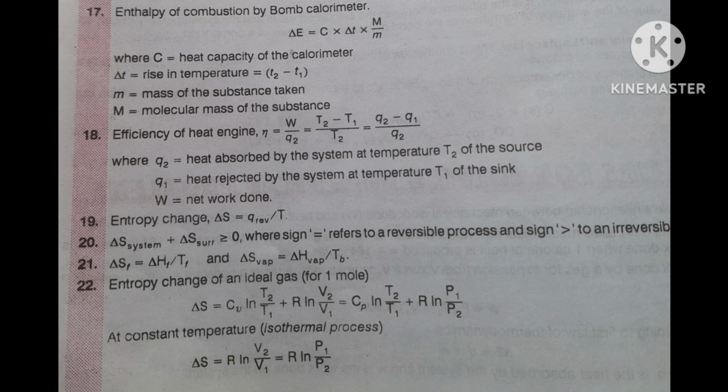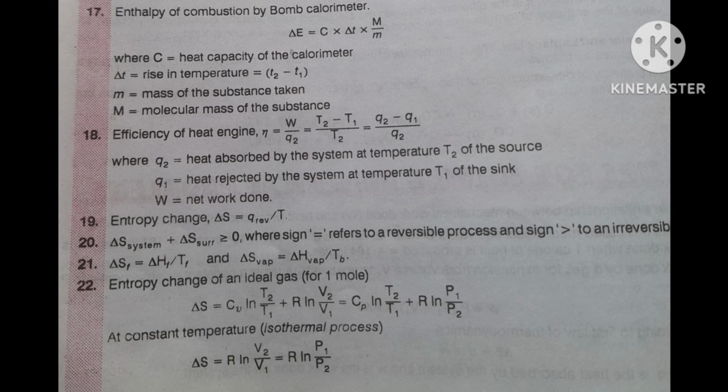And one more relation, when pressure is constant, at constant pressure, that is the isobaric process. Isobaric. Pressure is constant. Then pressure term will not be there. Then what you will get? When pressure term is not there, then you got delta S. One more thing, sir. When pressure term is not there, then volume term will also not be there, because the pressure is constant, then there is no question of volume.